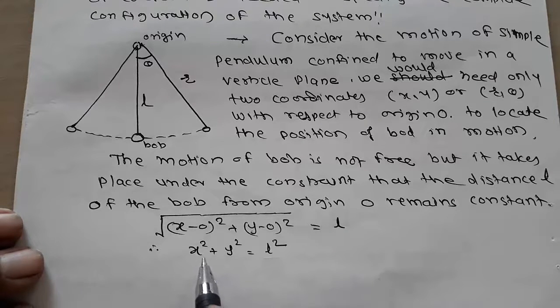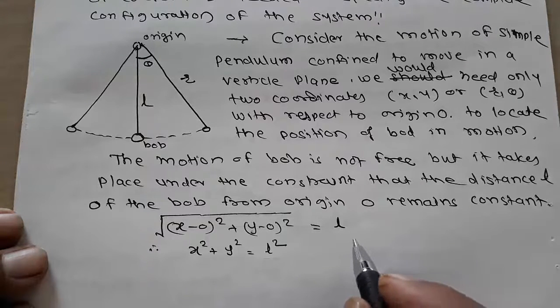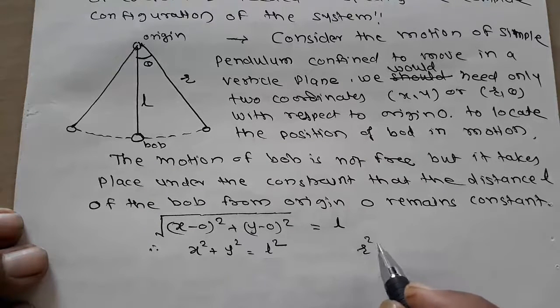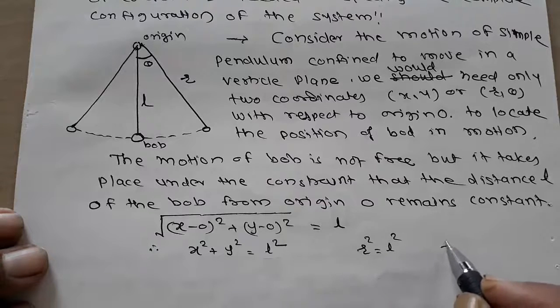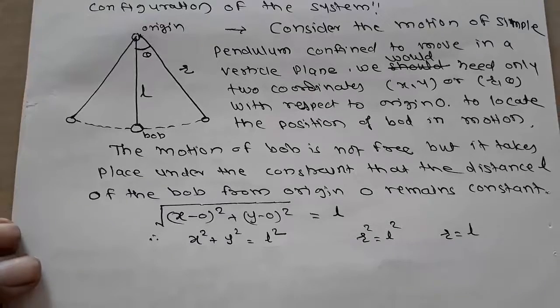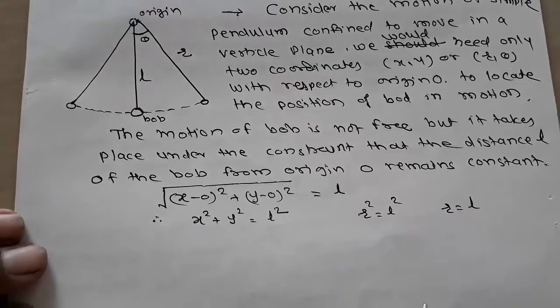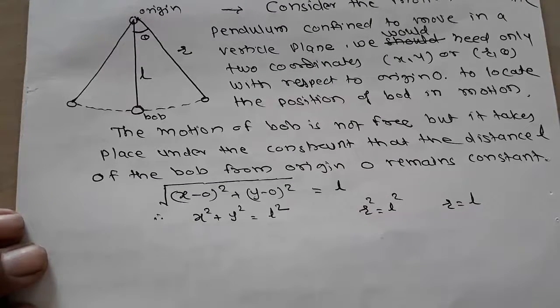But x square plus y square is nothing but r square. Therefore, r square equal to L square. From this we can conclude that r equal to L, and this shows that r equal to L is fixed.